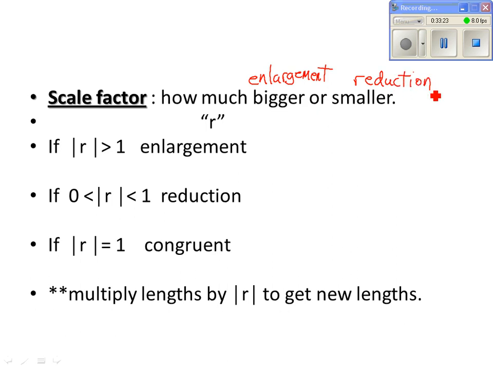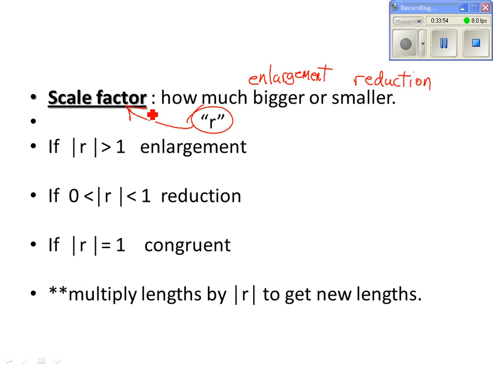Enlargement, reduction. If you have an enlargement, what's absolute value mean again? Distance a number is from 0 on the number line. So if the absolute value of your scale factor, that's R, is bigger than 1, then you're making your picture bigger.